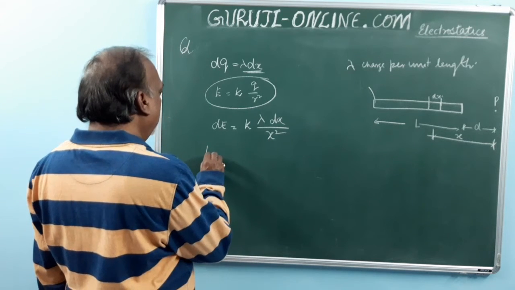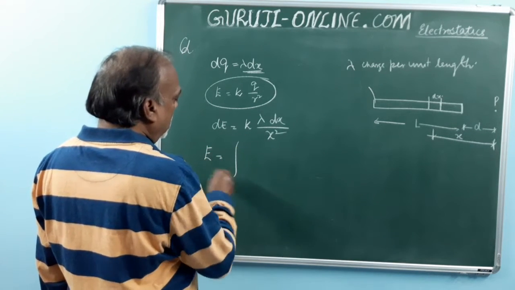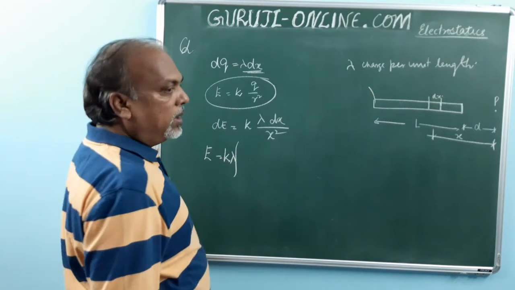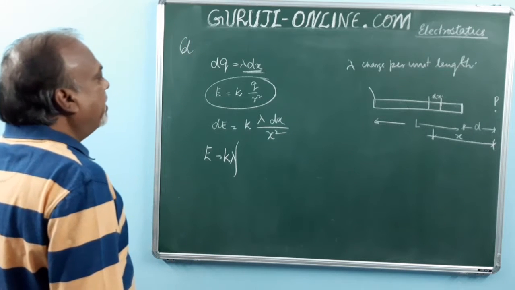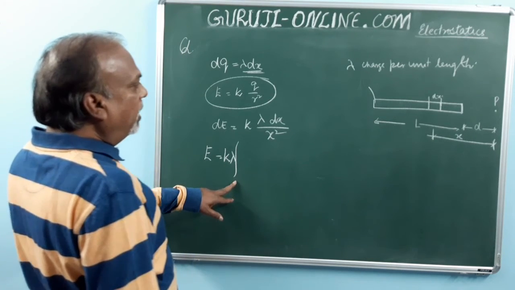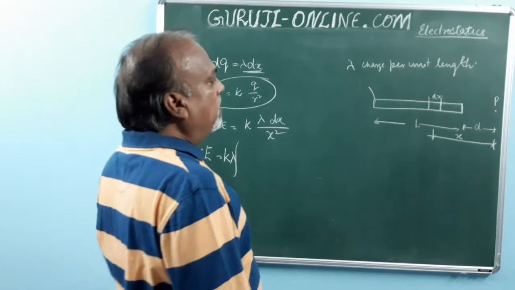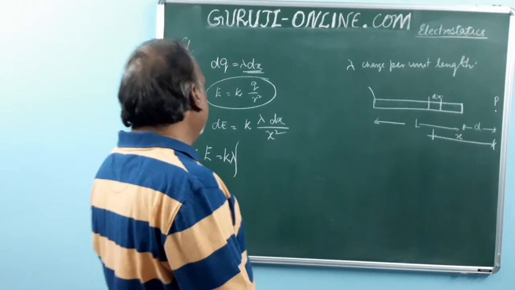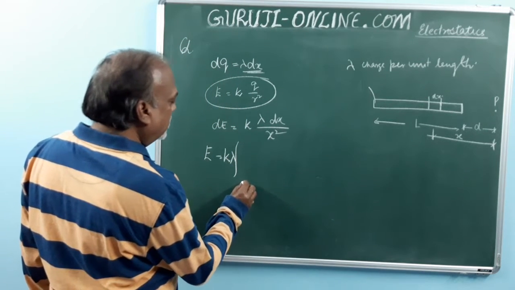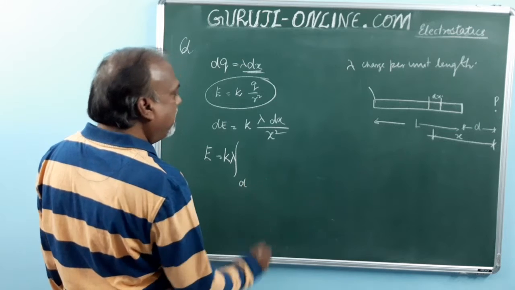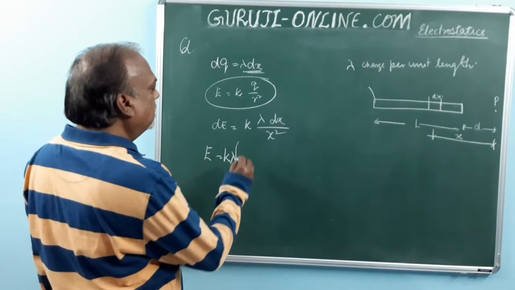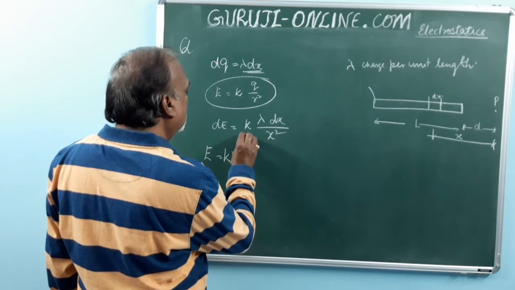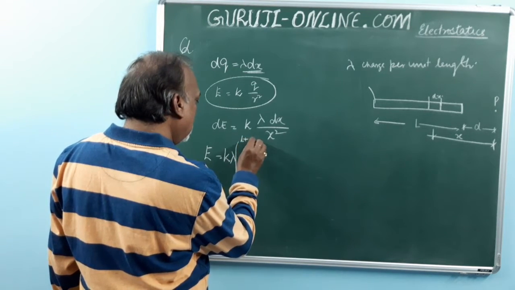So E will be nothing but, you have to take the integral, k and lambda we take outside. We can take the integral from d to d plus L. It is d because our rod is from d to L plus d.